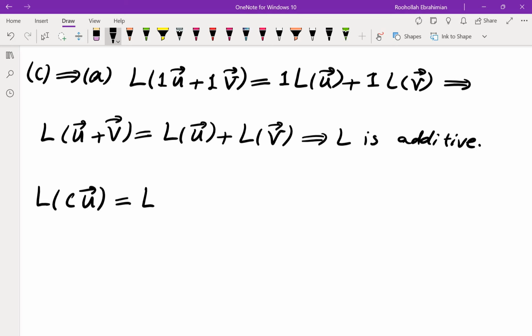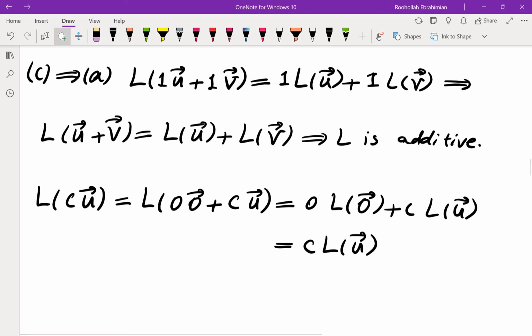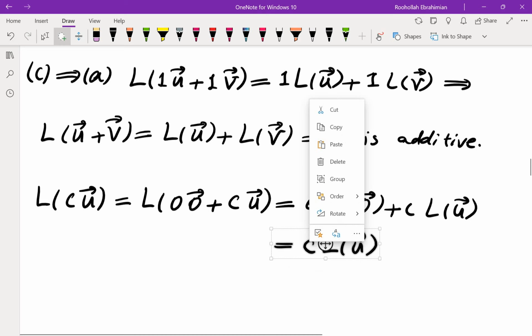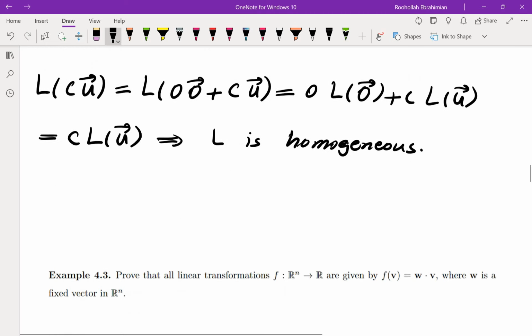This is L of 0 times 0 plus C times U, and I'm going to take the 0 and the C out by part C, and that's obviously just C L of U, which means L is also homogeneous, and that tells you that L is linear. Okay, so L is homogeneous, therefore L is linear.